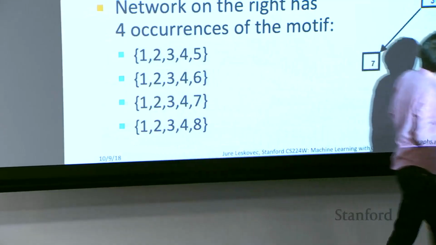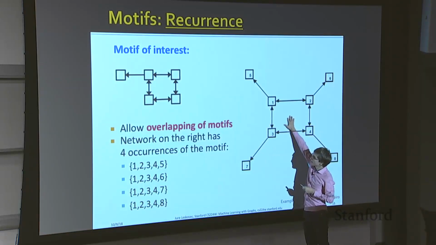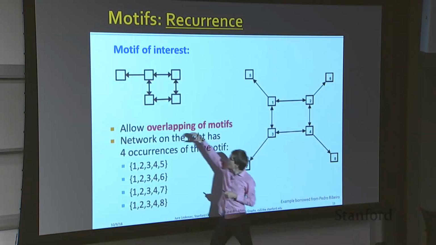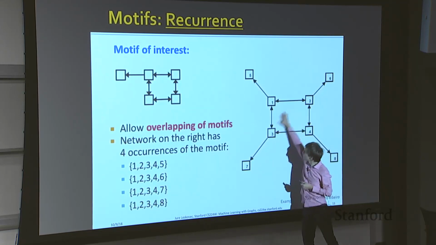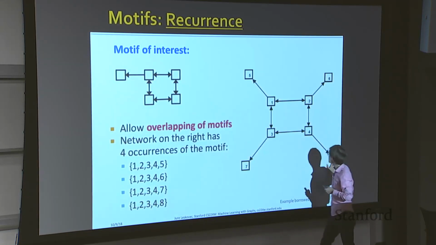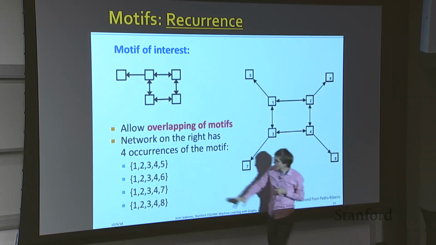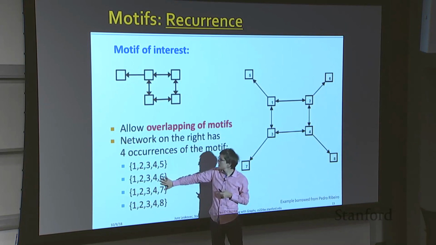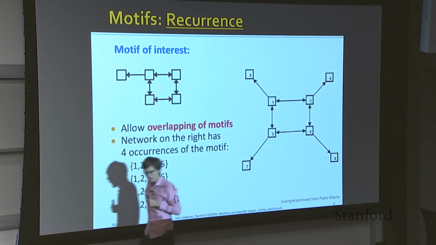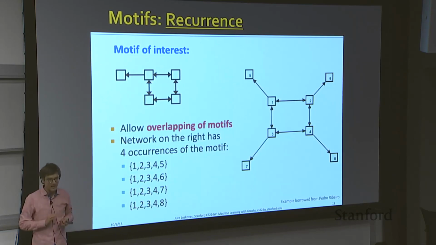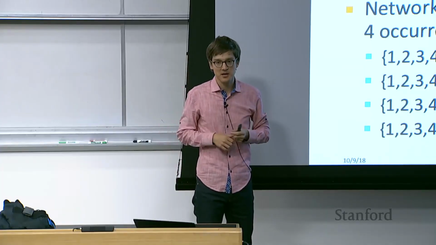The reason is that we have this bidirectional rectangle here, and then we have one outgoing edge from the rectangle. So this is one instance of the motif, this is another instance, that's another one, and that's another one. So there are 4 instances of our motif of interest in this graph. Okay, so we allow motifs to overlap, but not to be exactly the same.